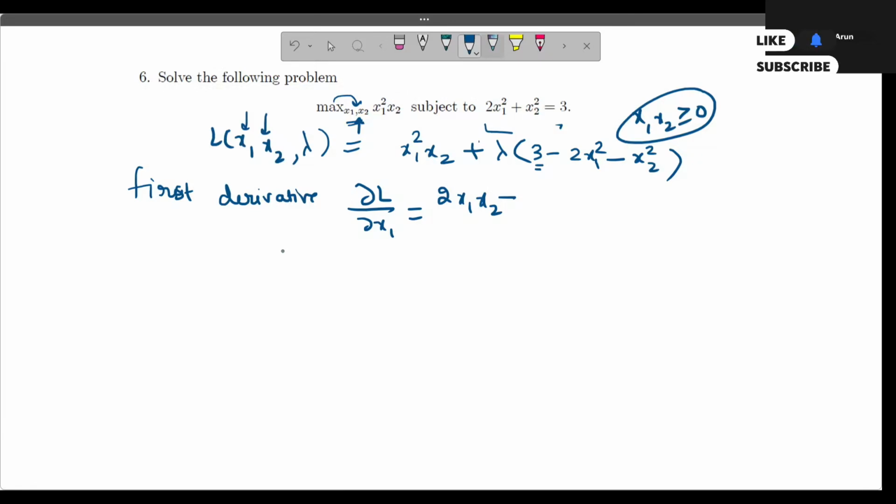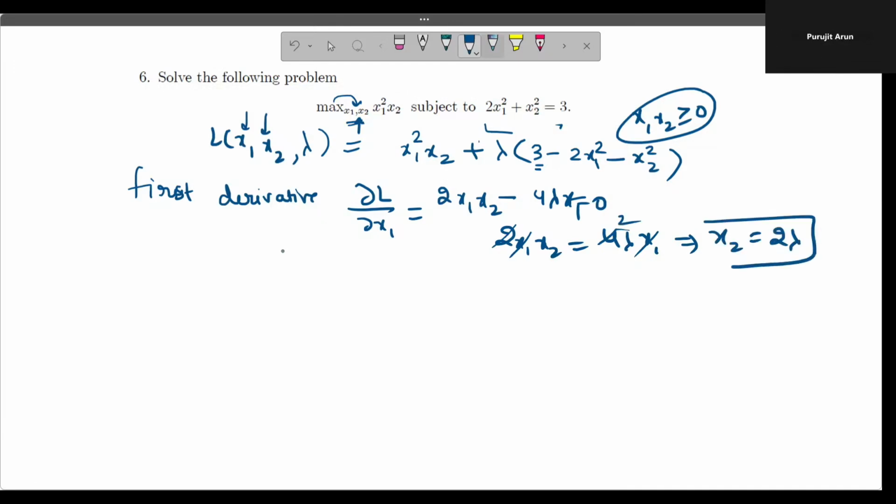So 2 x1 x2 equals 4 lambda x1. X1 cancels, and 2 ones are 2, 2 to the 4, so x2 is 2 lambda. Then the derivative with respect to x2.